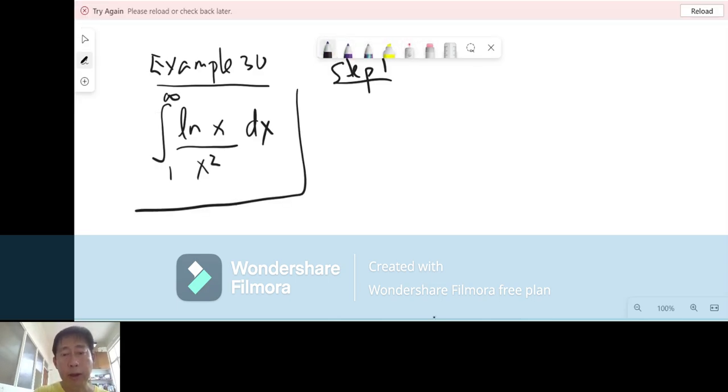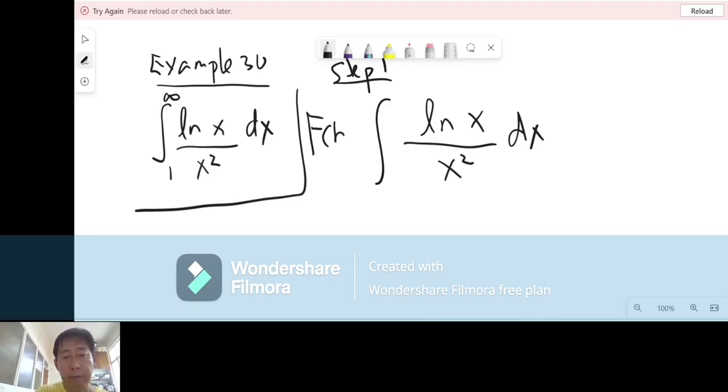In step number 1, we would define a function called f in terms of a variable b, where the b is replacing the upper limit of infinity in the original integration, while the lower limit remains the same value of 1. So we recognize that here f of b is an integral function where the variable is the value of the upper limit.